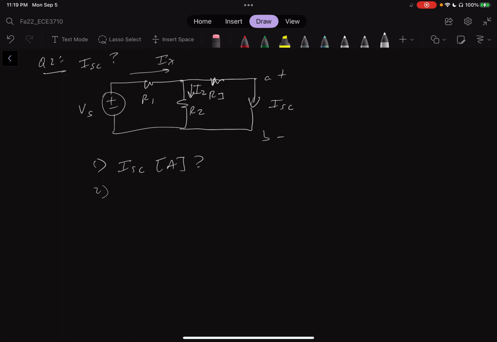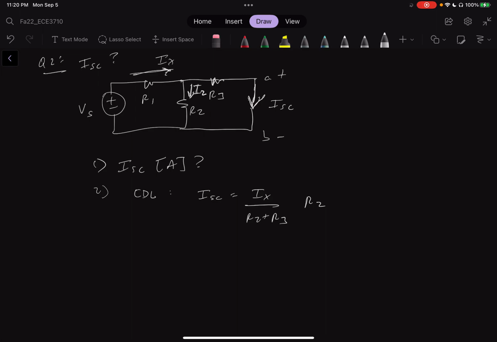But I'm going to use current divider law. I'm going to show you why. Using current divider law, ISC must be equal to Ix divided by R2 plus R3 times R2. Remember, this is ISC, this is I2, this is Ix.